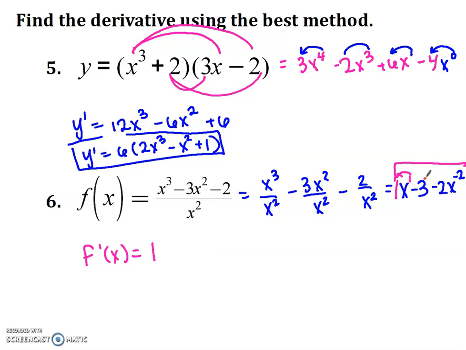The derivative of this constant is just going to be 0. Here, negative 2 times negative 2 will be 4x, subtract 1 from that negative 2, making it negative 3, and then all you have to do is get rid of that negative exponent. So that'll be f prime of x equals 1 plus 4 over x cubed.